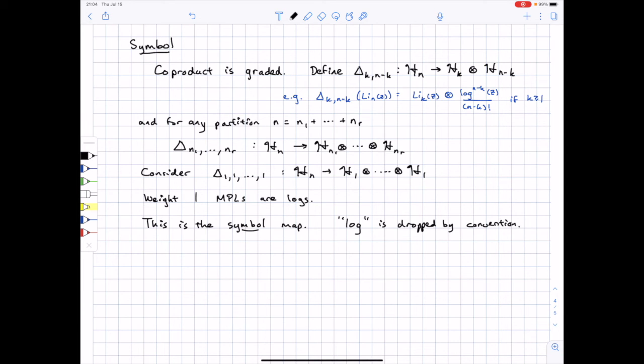So for example, the symbol of log x is log x, but since by convention the way we notate symbols is to drop the log, we write that it's x.